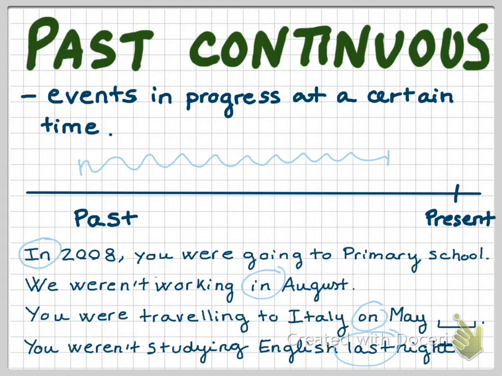We weren't working in August because all of us were on holiday. You were traveling to Italy on May, and you have to add here the date. And I know that at least some of you were traveling to Italy on May at the day that you were traveling to Italy. You weren't studying English last night. Do not lie to me, because probably you were playing computer games or watching a film or a series.